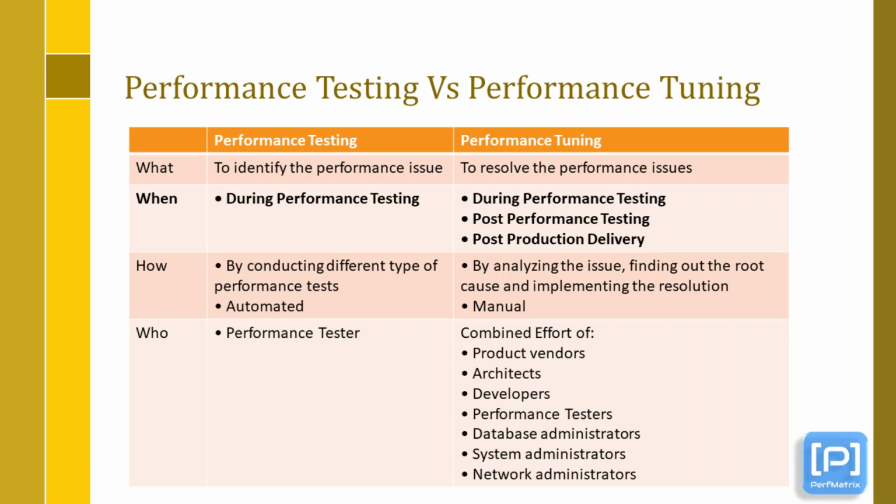Hence, a window is reserved for tuning after the completion of performance testing, in which all the tuning tasks are carried out and the application or the system is retested to validate the bottleneck. If a performance issue is identified in the live or production environment, once the project has been delivered, then a tuning activity needs to be performed to resolve the issue.